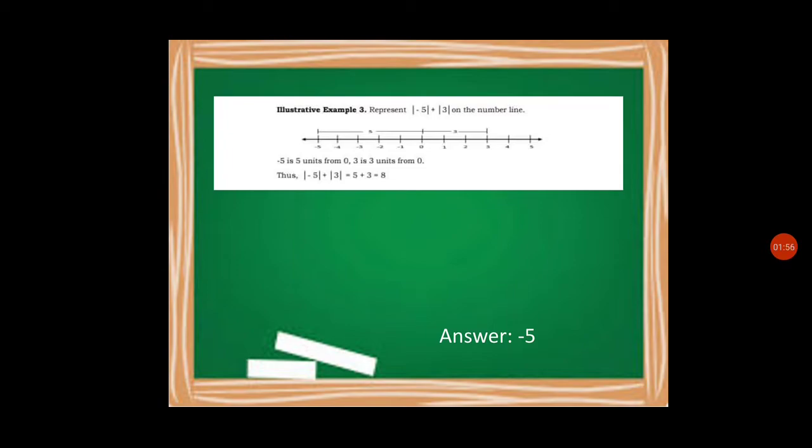Next, positive 3, so from 0 we are going to have 3 steps from 0. Thus the absolute value of negative 5 plus 3 is equal to 5 plus 3, which is equal to 8. The distance is 8 because we are talking about absolute values. So there is no negative integer when it comes to absolute value.